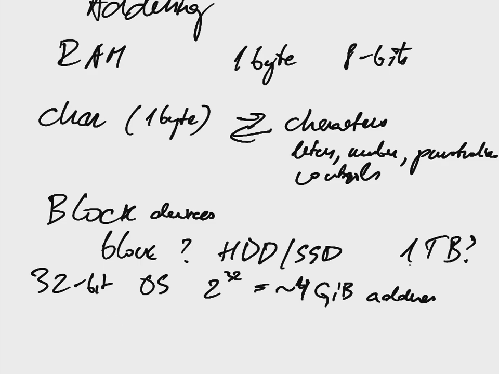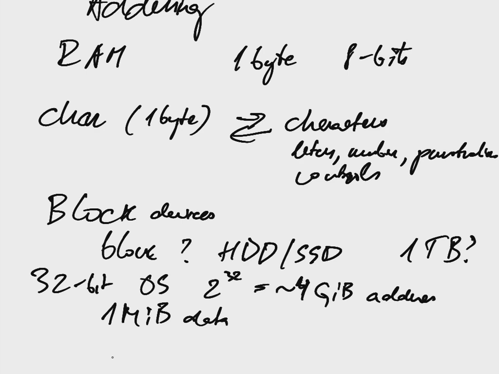And for example, if you have 1 terabyte, that means your block will be, I think, kilo, mega, giga, tera, approximately 1 million bytes of data, or precisely 1,024,000 and so on.